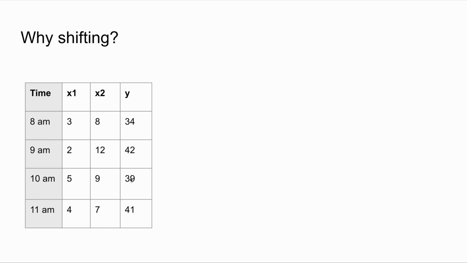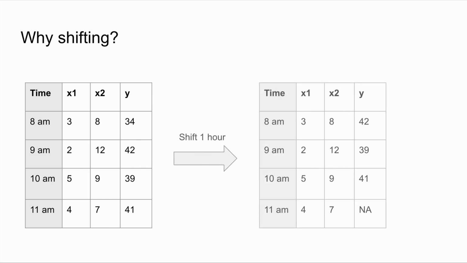So imagine we shift these y numbers just 1 hour up, then we can say 3 and 8 are producing 42, which was the next hour number, or whatever it is. It could be temperature or whatever you're predicting as your label and target. So we shift the numbers for how many hours, days, or weeks we want to predict for. With doing that, we change the problem to a classical regression problem.